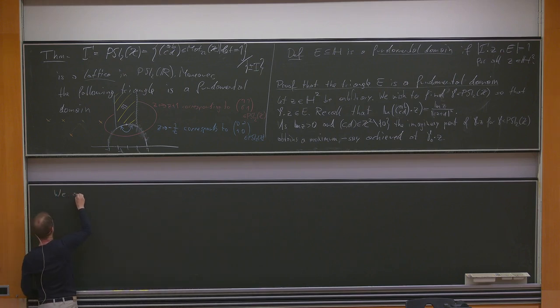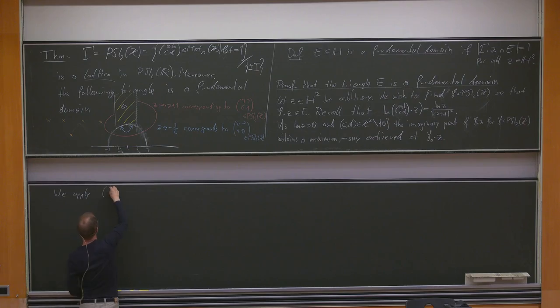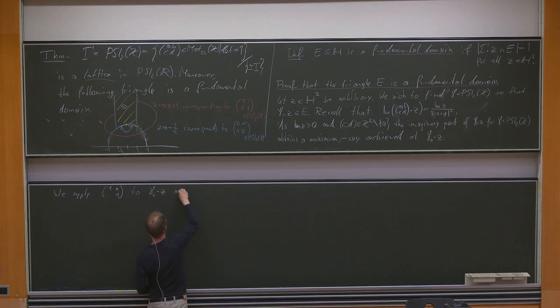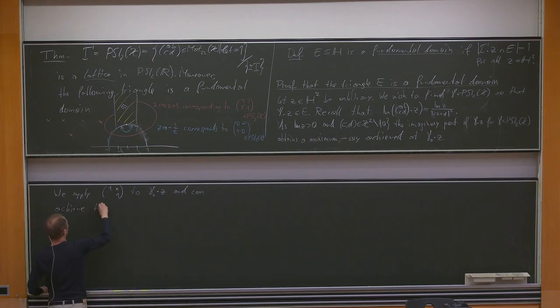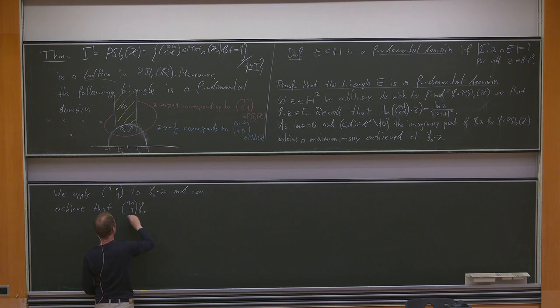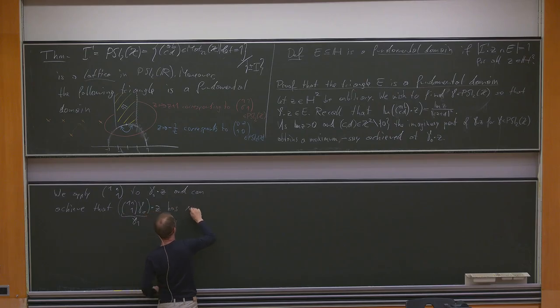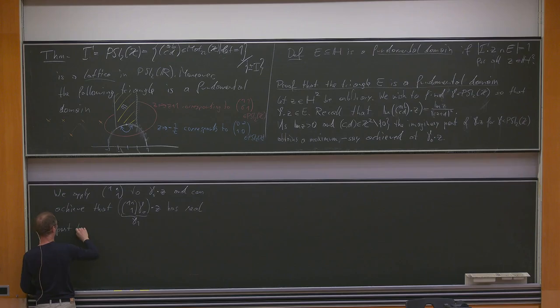We apply 1 N1 to gamma 0 applied to Z and can achieve that 1 N1 gamma 0, and maybe this is our gamma 1 now, applied to Z has real part in minus 1/2, 1/2.